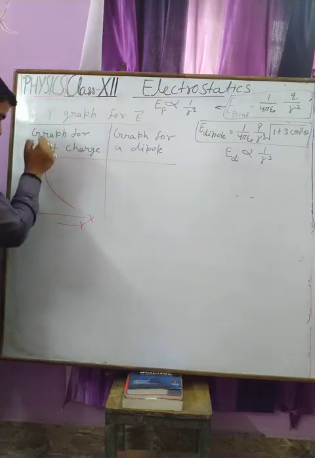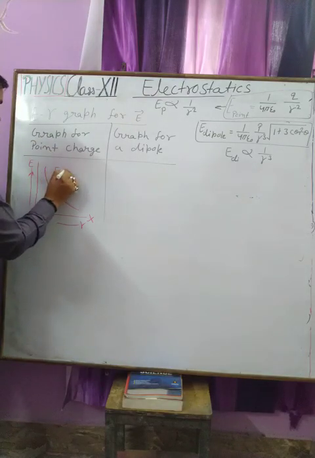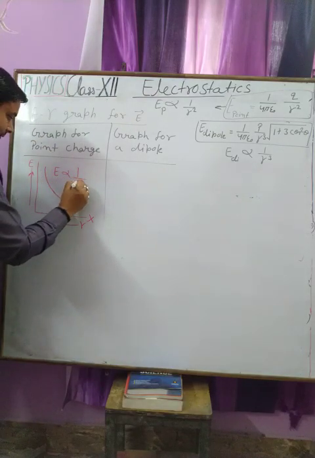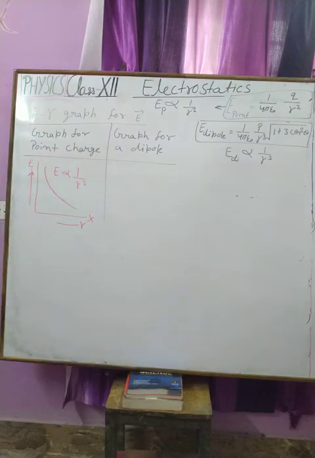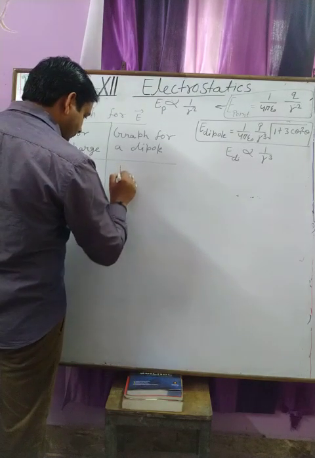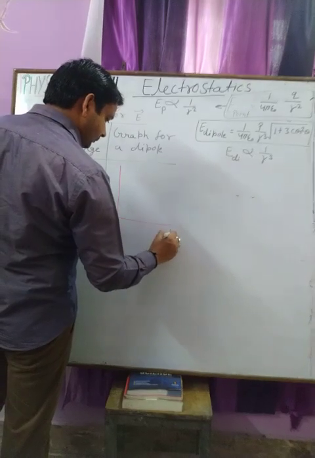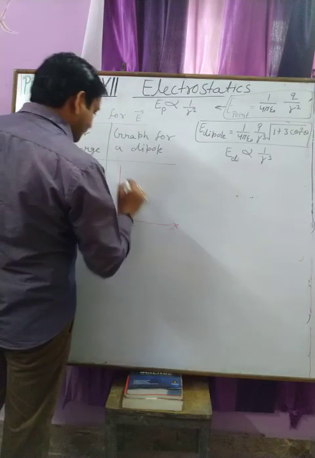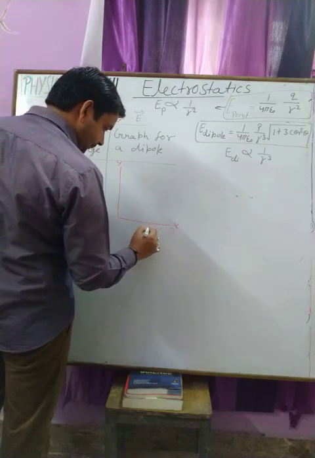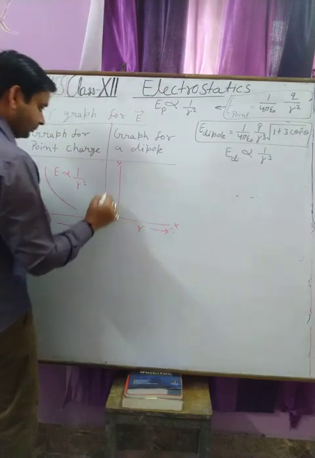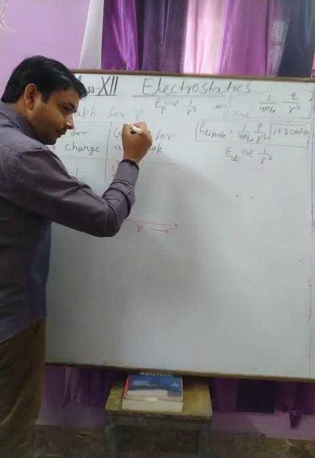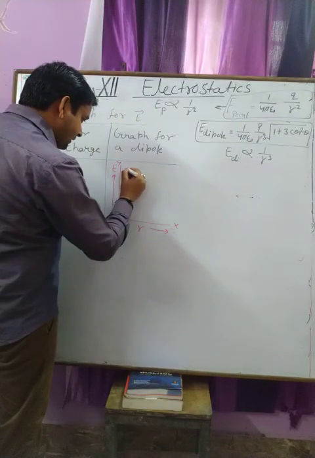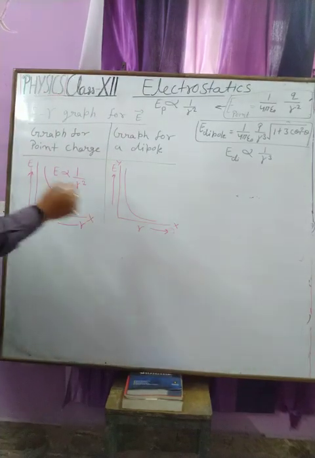This is the depletion of electric field with distance, a square inverse relation, and for the dipole it is depleting faster, it falls down very quickly, like this.